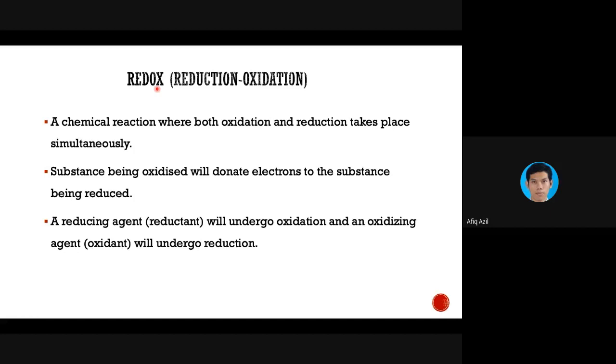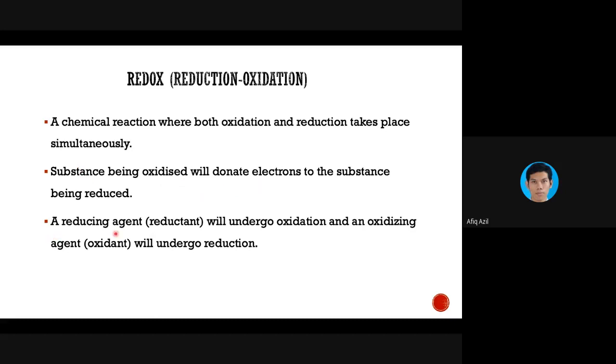So the chemical reaction has a reduction reaction and also an oxidation reaction happening at the same time. So one substance will be oxidized while the other will be reduced. So the oxidized substance will donate electrons while the reduced substance is going to receive those electrons.